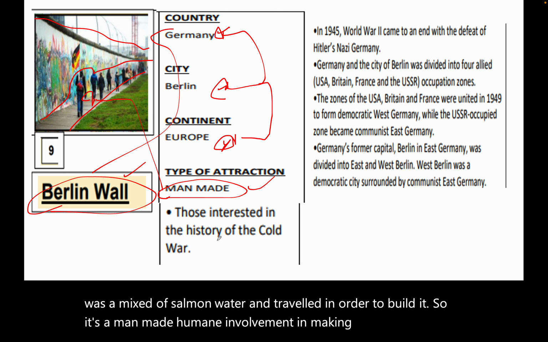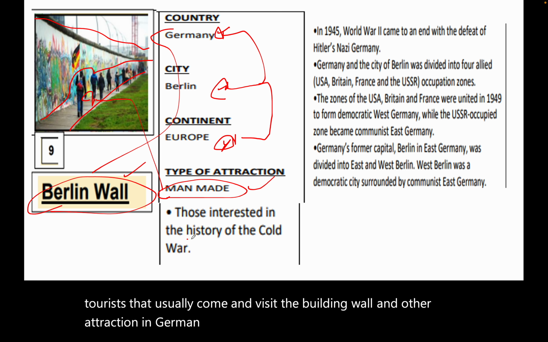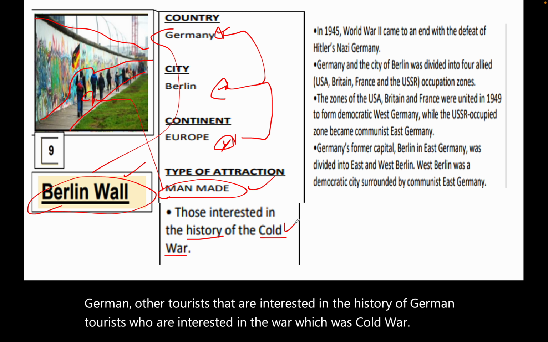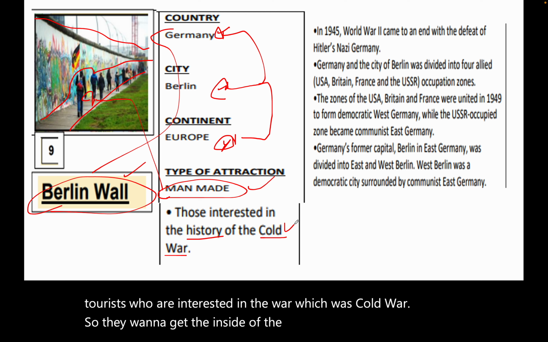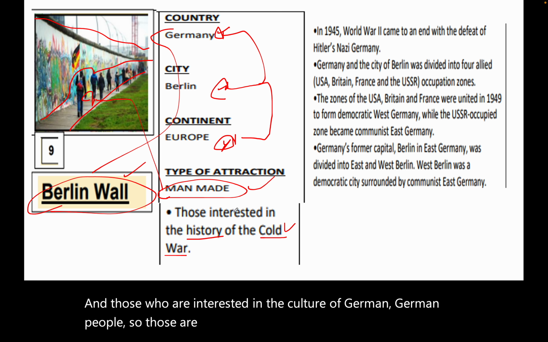The type of tourists that usually come and visit the Berlin Wall and other attractions in Germany are tourists interested in the history of Germany, tourists interested in the Cold War who want to get insight into the war, and those interested in the culture of German people.